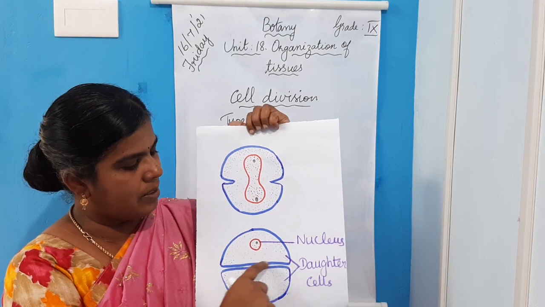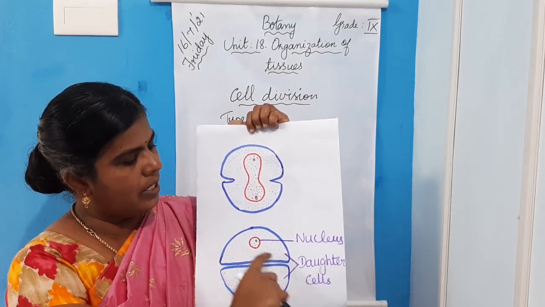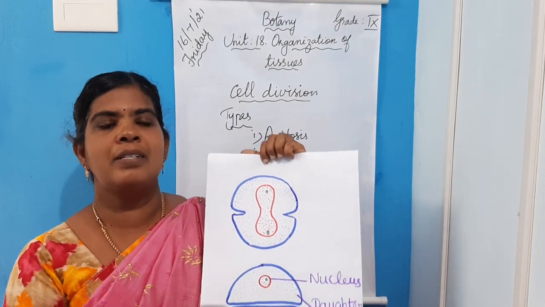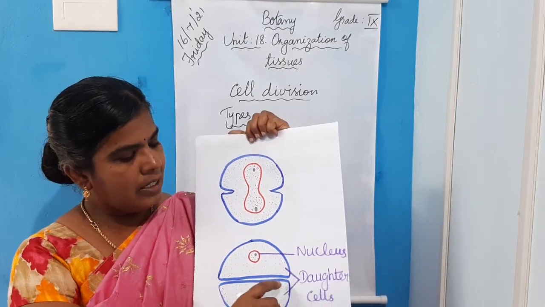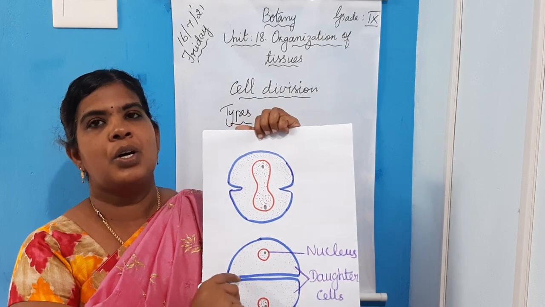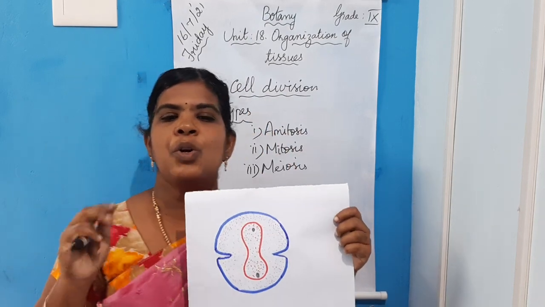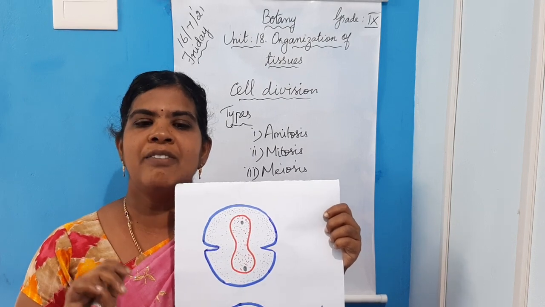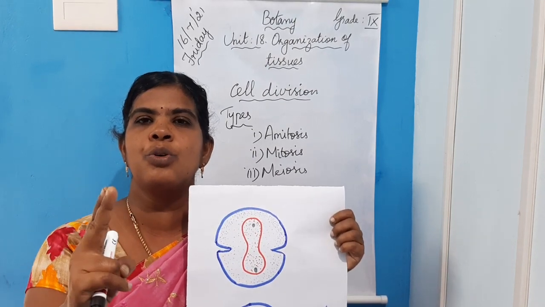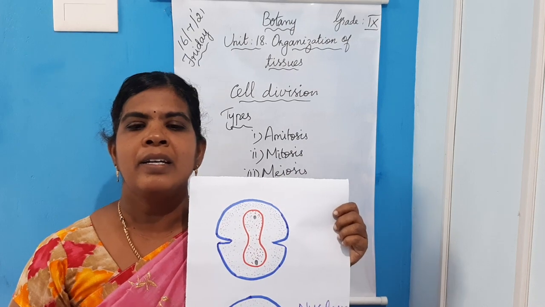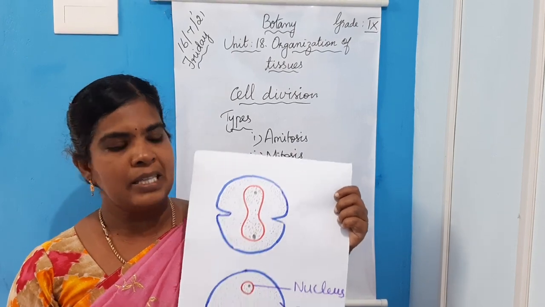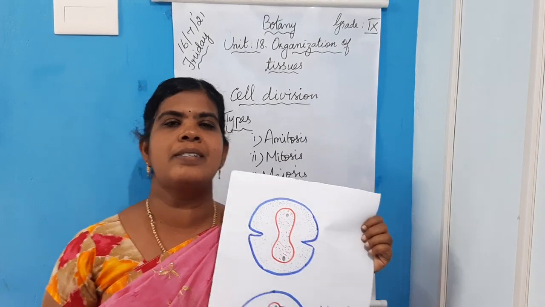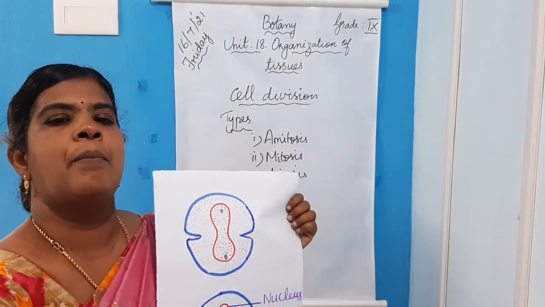A cross wall is formed in between, so the cytoplasm also divides and is equally distributed to the daughter cells. So, the nucleus elongates, a constriction is formed in the middle, it divides the nucleus into two, and it is followed by the division of cytoplasm. Thus, two daughter cells are formed by amitosis.